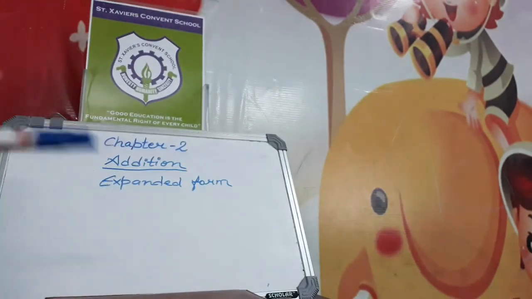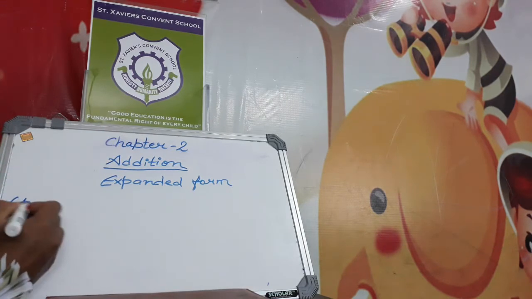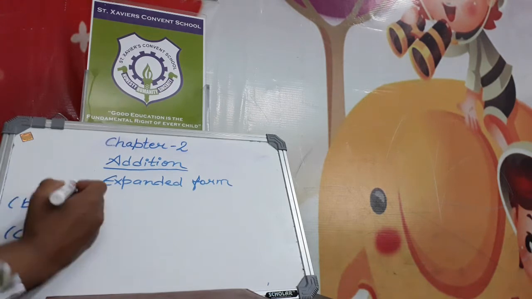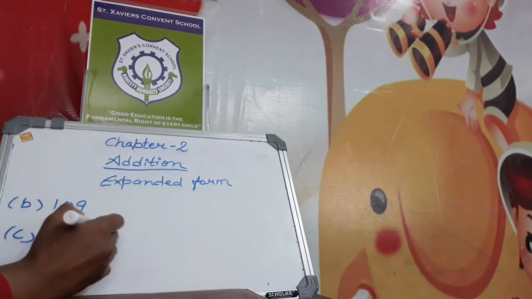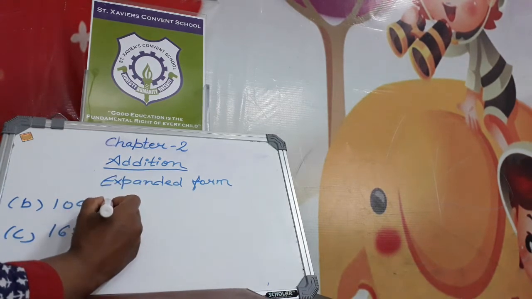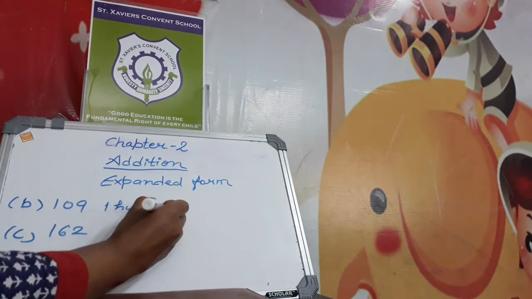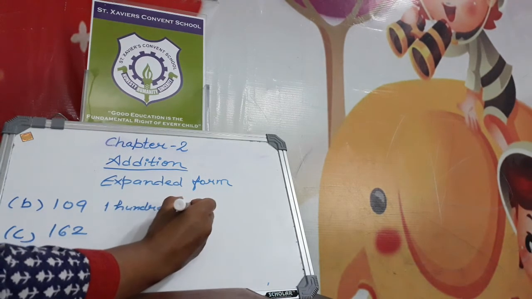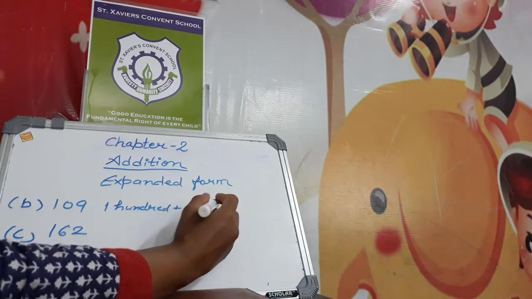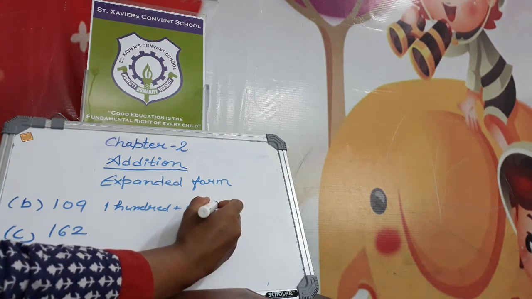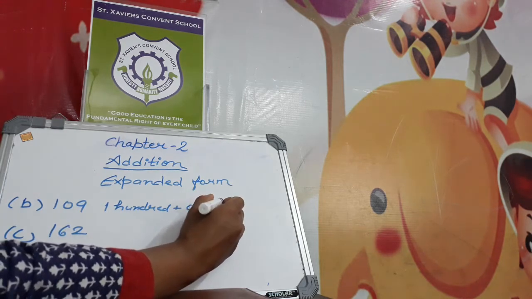Now see here, B and C. B is 109 and C is 162. How to write? 1 is in hundreds and 0, nothing, and 9 is in ones.